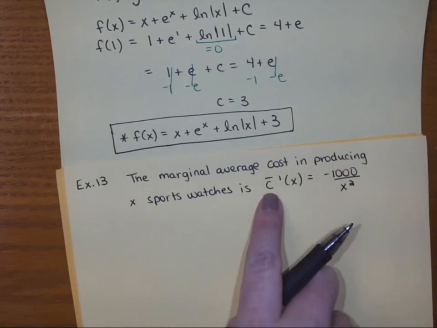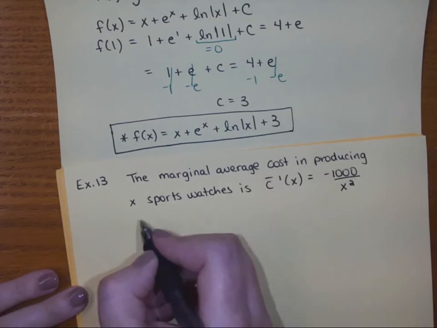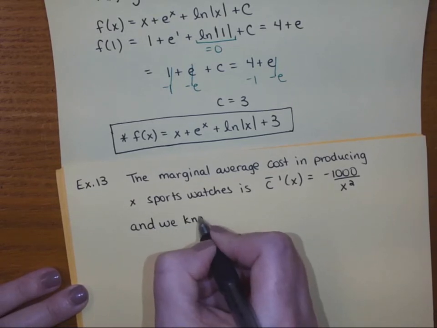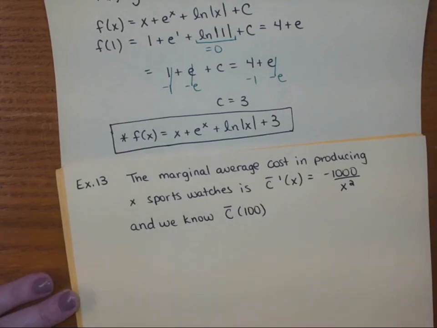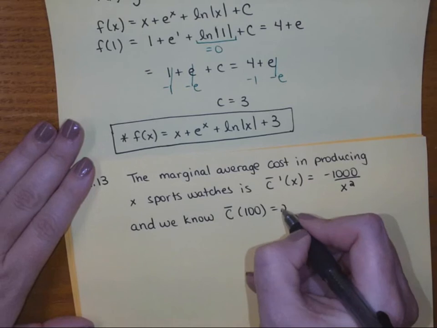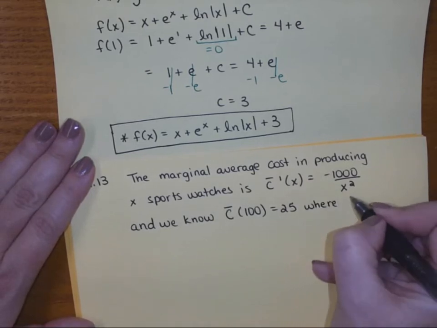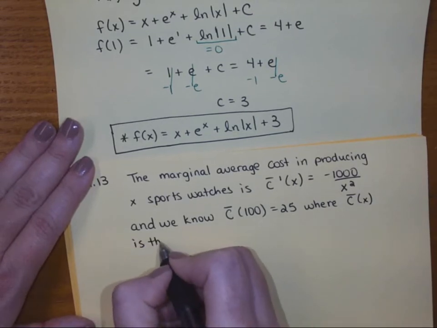Okay, remember average cost looks like C bar, and because it's marginal, remember the word marginal means derivative. Okay, and let's say that we know that regular old C bar of 100, okay, so notice I didn't use the derivative notation there, is 25, where C bar of x is the average cost in dollars.